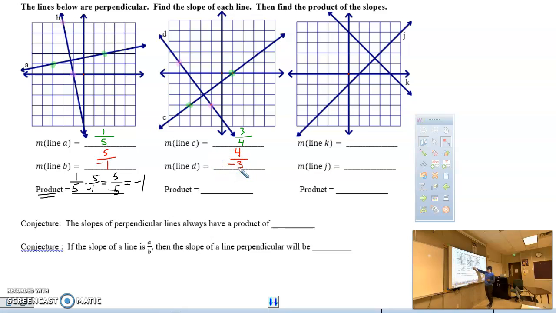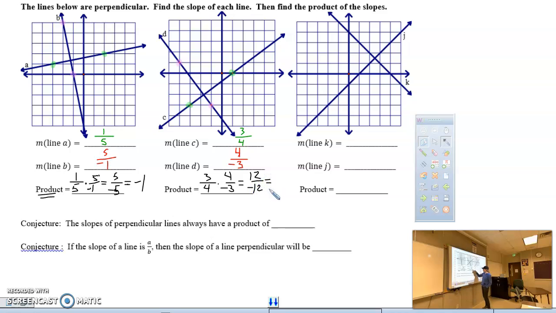So again, you might notice a pattern in how these slopes are related, but when you multiply them together, you're going to do 3 over 4 times 4 over -3. Multiply the tops, you get 12. Multiply the bottoms, you get -12.